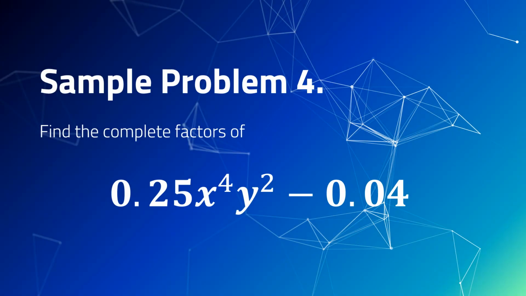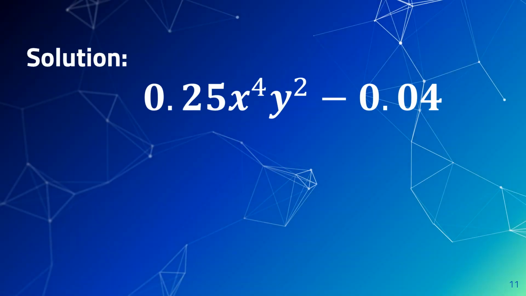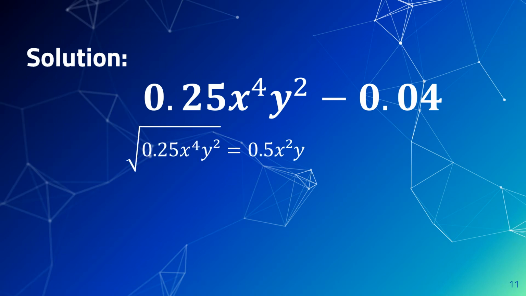Next, 0.25x raised to 4y squared minus 0.04. This involves decimal numbers, which is another difficulty the students face, that is, manipulation of decimal numbers. Again, get the square root of 0.25x raised to 4y squared, and that is 0.5x squared y.